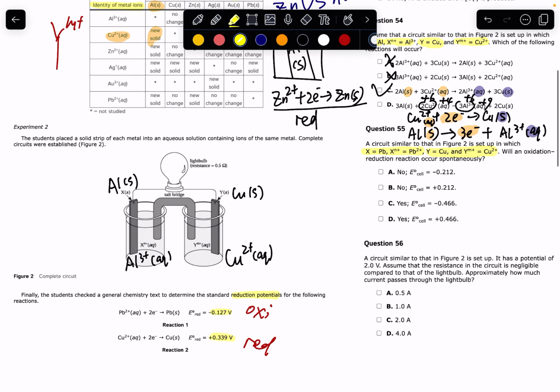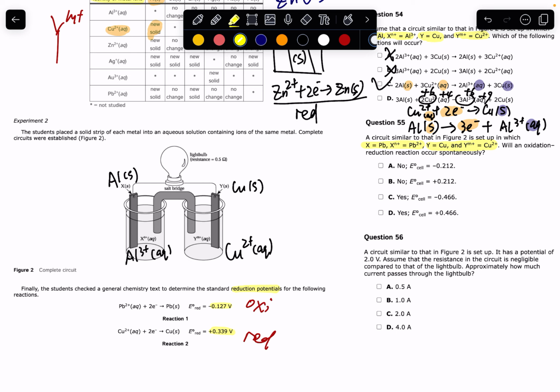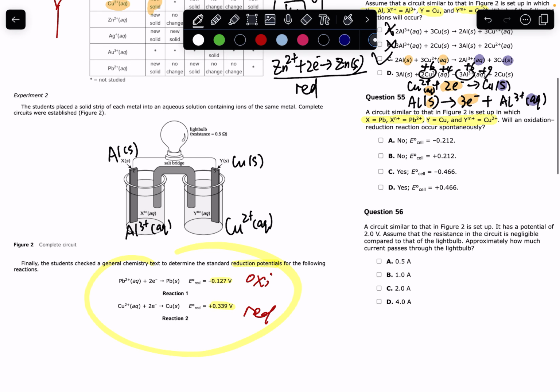So this Pb and Cu basically tell us the reduction potentials of these two different metals. For this to occur spontaneously, we want Cu to be reduced and Pb to be oxidized. So the cell potential equals the reduction potential plus the oxidation potential.